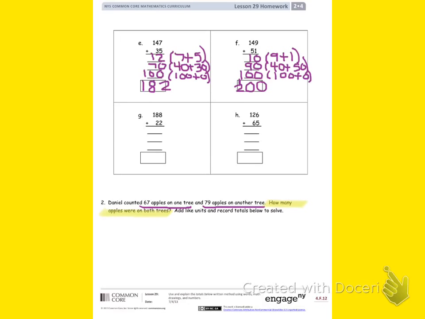And I'll underline add like units and record totals below, because that's part of the important directions. All right, so we should add together the 67 for the apples that were on one tree and 79 for the apples that were on the other tree.